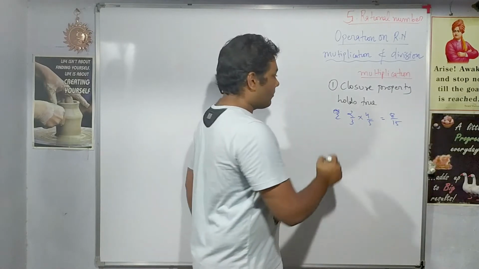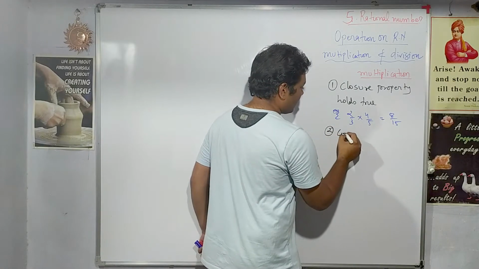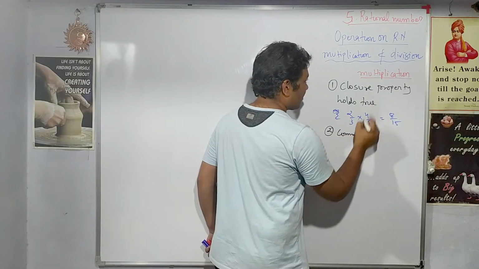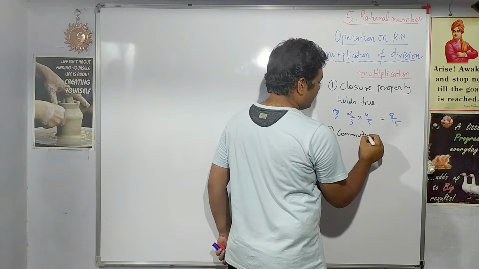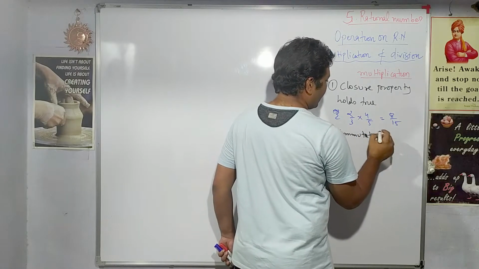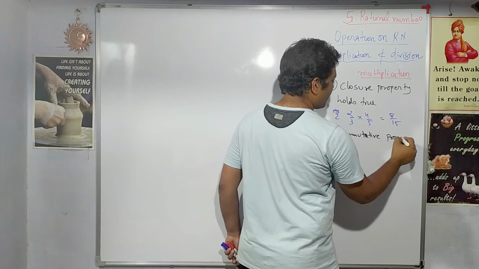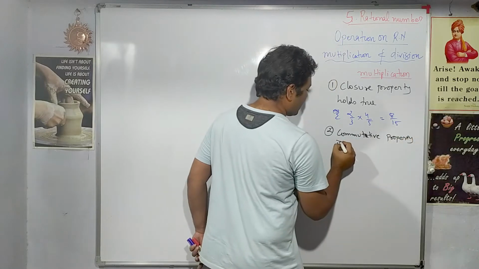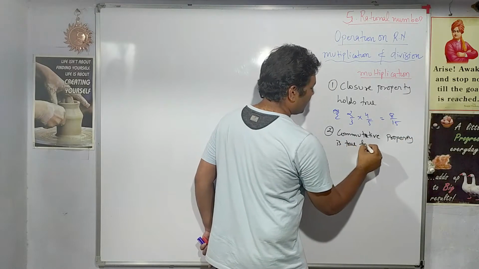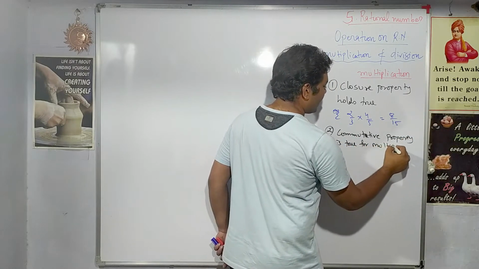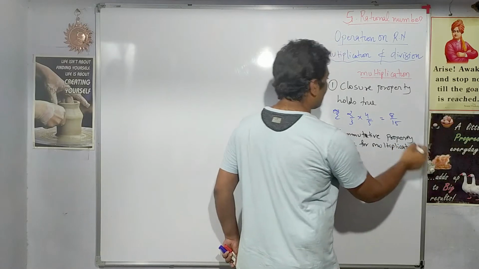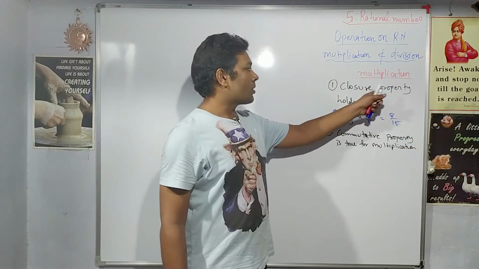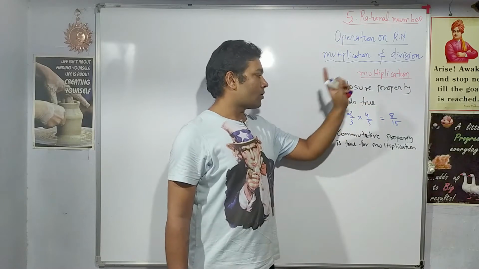Then the second one we have is commutative. Yes, multiplication is commutative in nature. The commutative property is true for multiplication. You can write the sentence in any form you want. Here also you can write that the commutative property is true for multiplication.